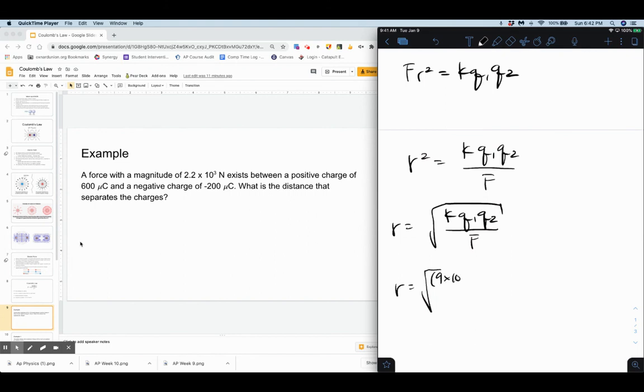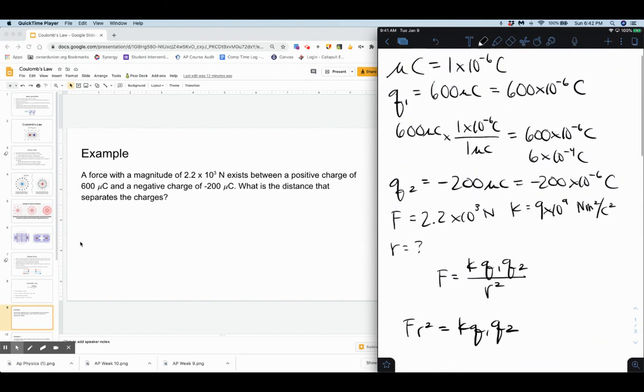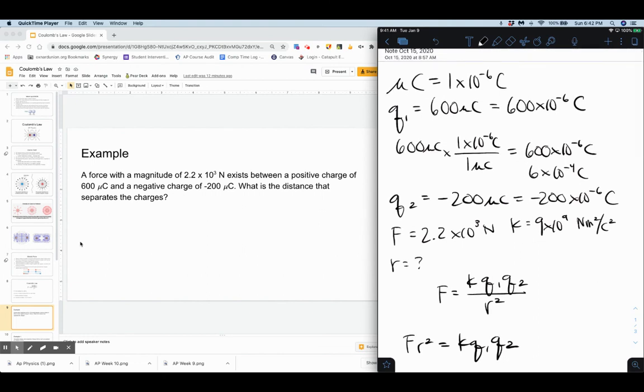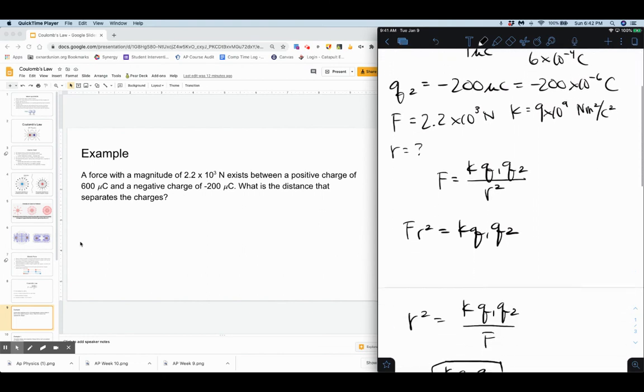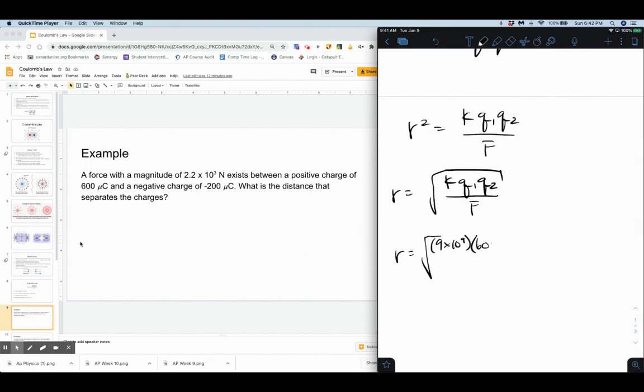9 times 10 to the 9th times Q1, which we found to be 600 times 10 to the negative 6 coulombs, times Q2, which was negative 200 times 10 to the negative 6.